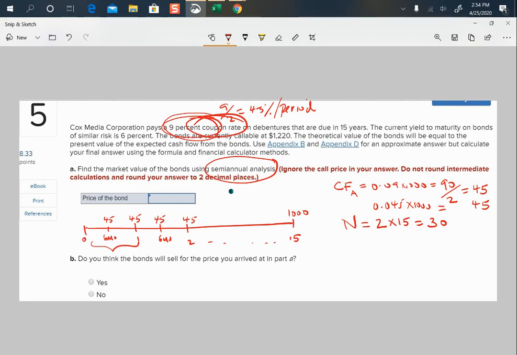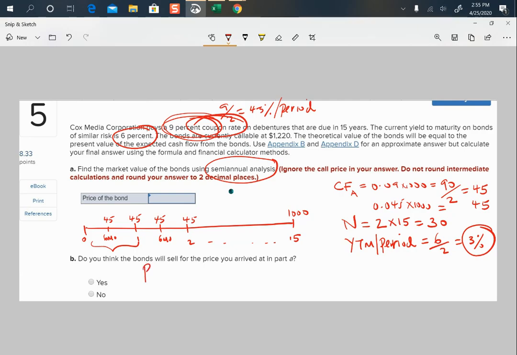Now, in terms of discounting the cash flow, we are going to discount the cash flow using the yield to maturity per period. In this example, we've been given 6% as our yield to maturity, and that is per year, and we have 2 periods per year. So our rate per period is going to be 3%. We're going to use the 3% to discount the cash flows.